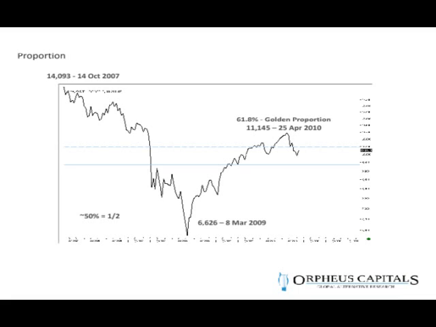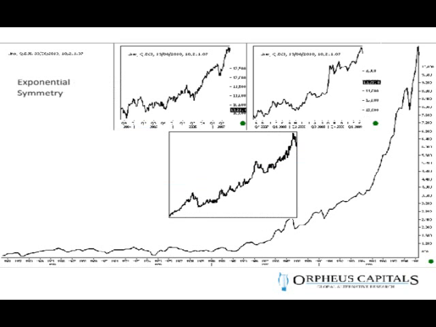In the same way, the Fibonacci proportion of the fall from 14th October 2007 till 8th March 2009 was again a 50% proportion of the leg previously from, say, 1975.